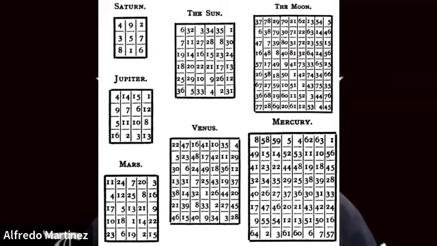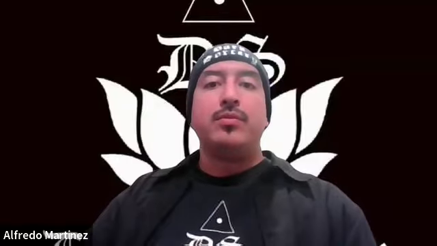Now what you want to do is take a look at the planetary magic squares. You can see right here there are different magic squares pertaining to different planets. Each magic square will relate to your situation based on the planet it represents and what energy it gives off.